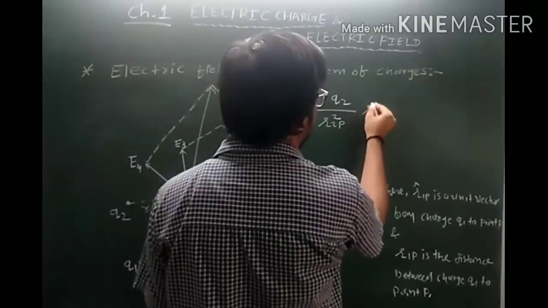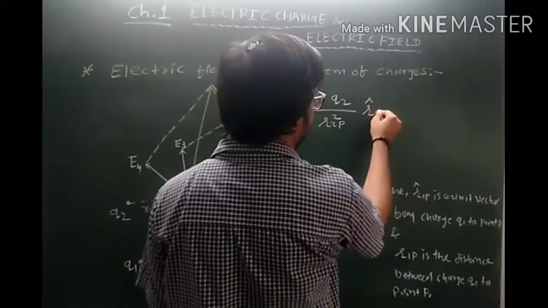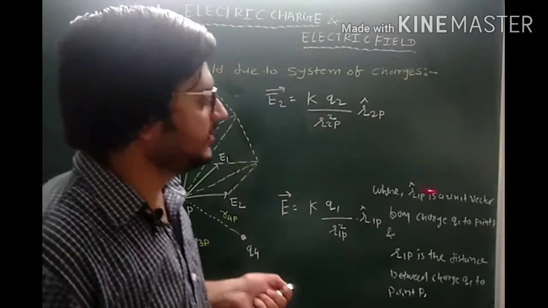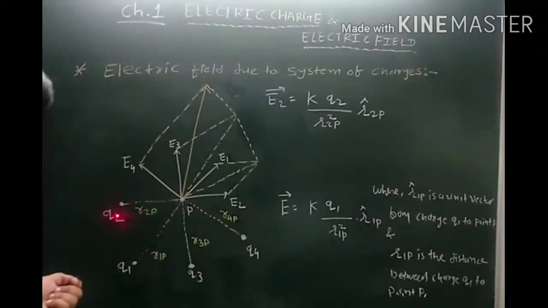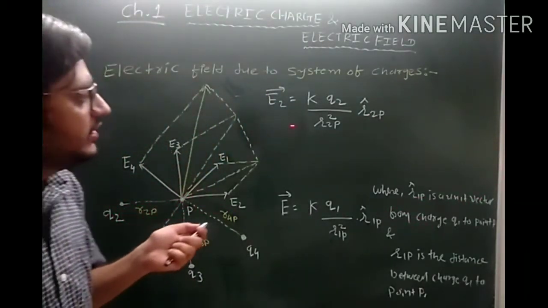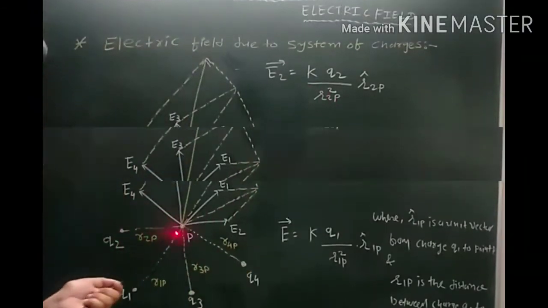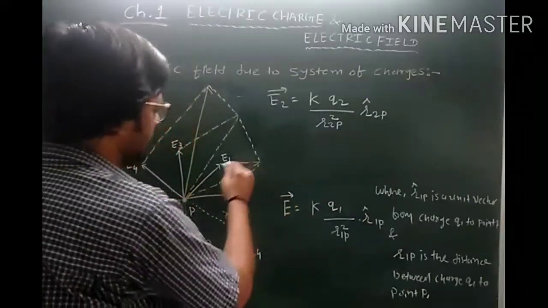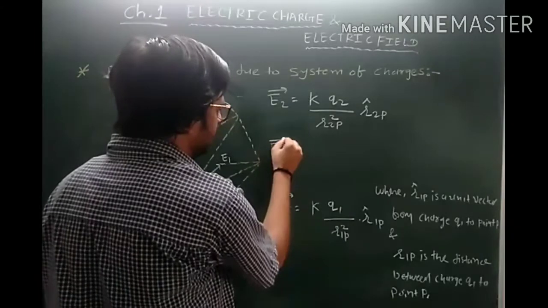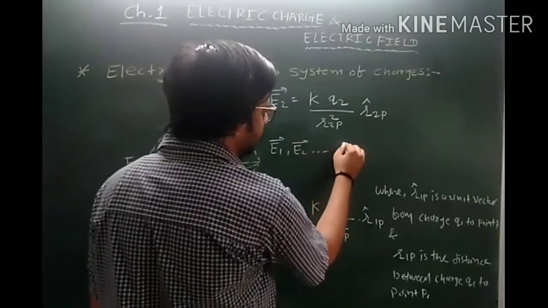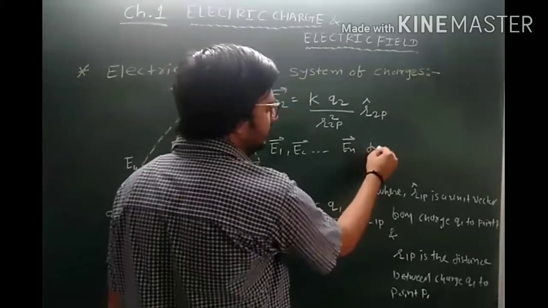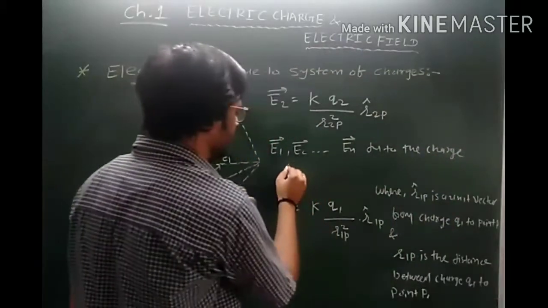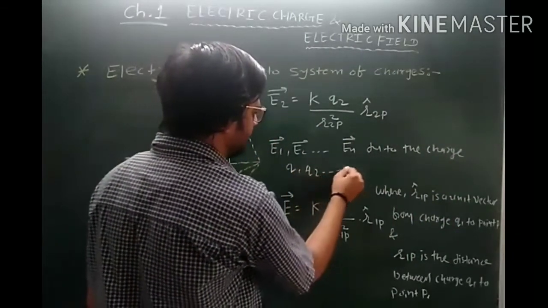Then we define unit vector R cap 2P, the unit vector from charge Q2 to the point P, and R2P is the distance between the charge Q2 and P. In this similar way we can define electric field at point P, E1, E2 up to En, due to the charges Q1, Q2 up to Qn.